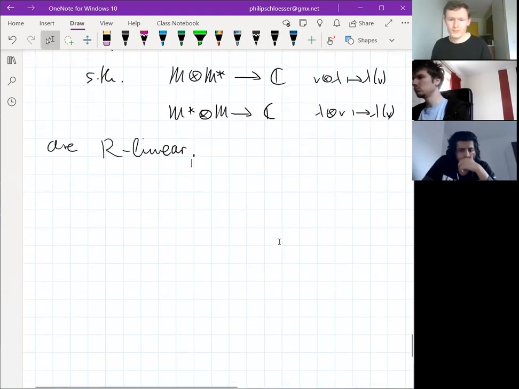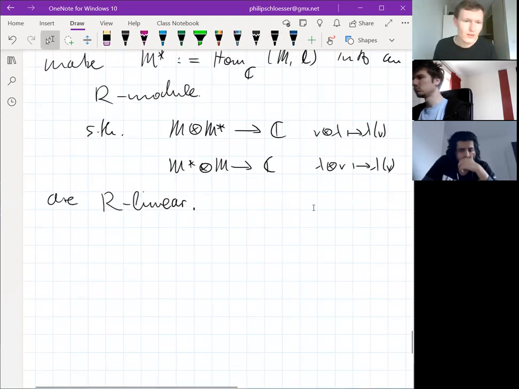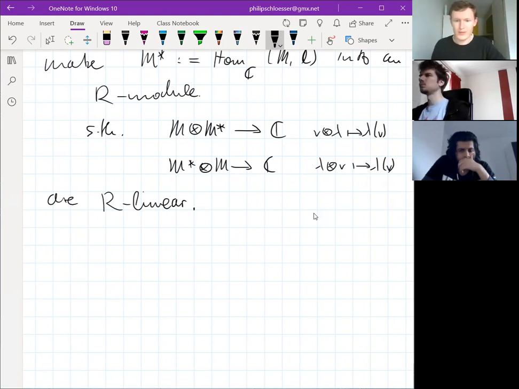So first thing, how do we make this thing into an R module? We could again do something similar to what we did before, like try to work with some kind of ring homomorphism.